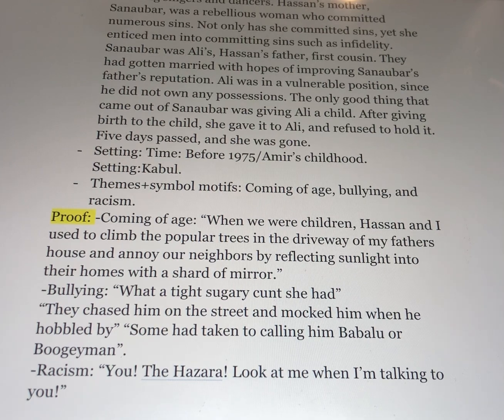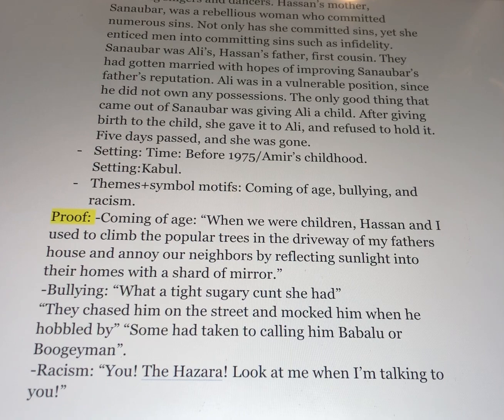Oh okay, I hadn't talked about this, you guys. When Hassan and Amir were going to the movies, the soldier stopped them and saw Hassan, and he recognized him because he had had some type of affair with his mother. He bullied Hassan and said really bad things, which was bullying, and it was also racist.